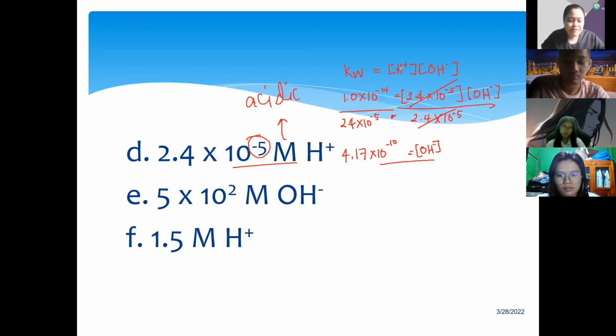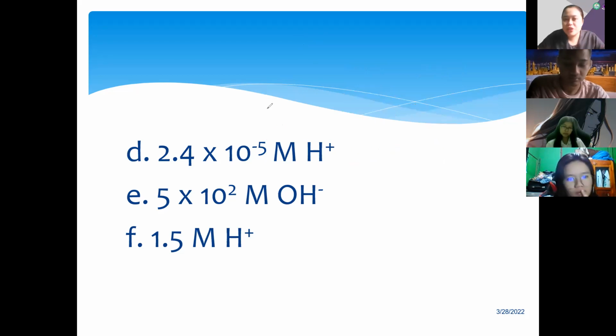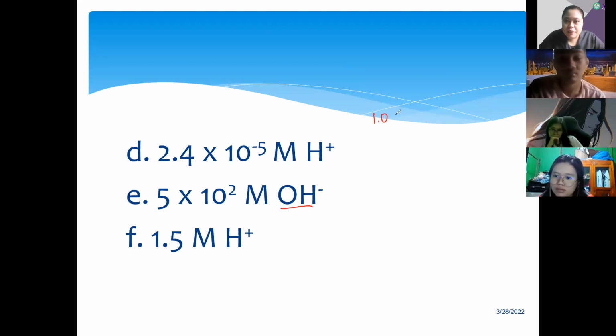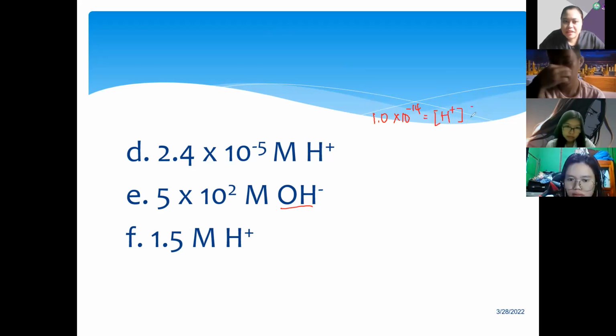This is not really a very hard computation, but you really have to make sure that you can properly identify which is higher among the OH and the H plus. So this time, the OH is given. So the same formula, so we will have the same constant. But this time we are going to compute for the H plus, and the given is the OH, 5 times 10 raised to the power of 2.